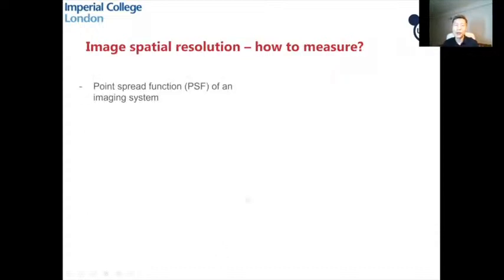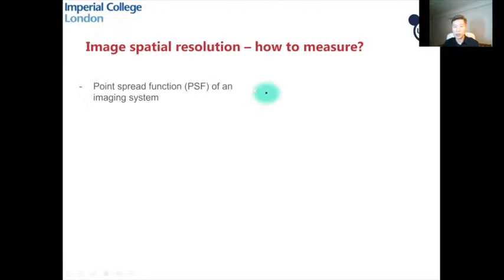So for image spatial resolution, we know they have three dimensions, but how can we measure the resolution, even in any dimension? First of all, I want to introduce the point spread function of an imaging system. If you have a point target in here, an infinitely small point target, then when you do an image, you will never resolve this very small target.